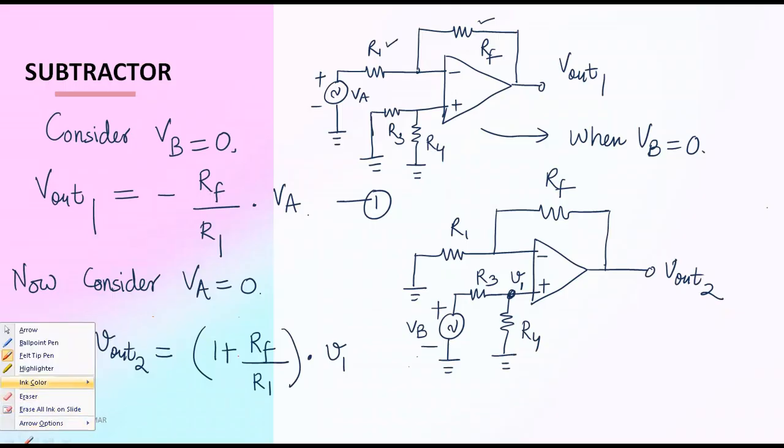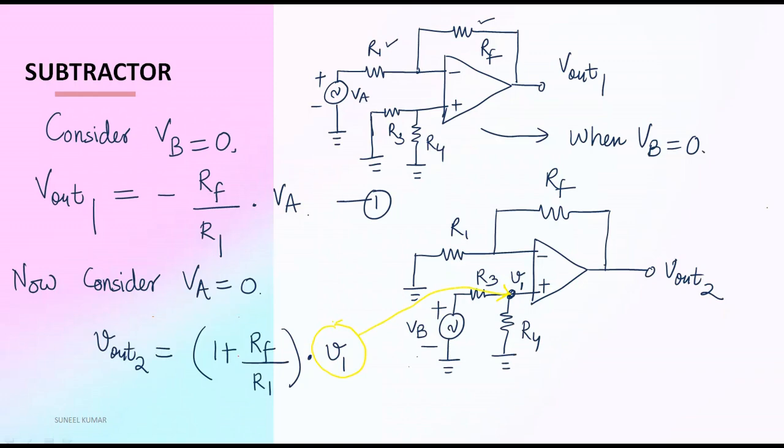Now we have to find out the value of this V1, the value that will be at this non-inverting terminal. So what will be the value of V1 that we need to find out?